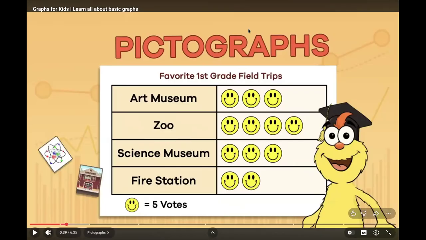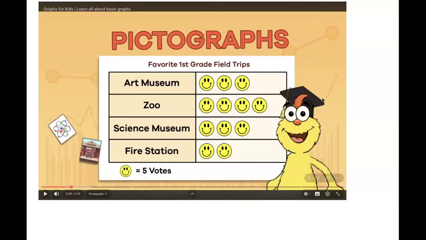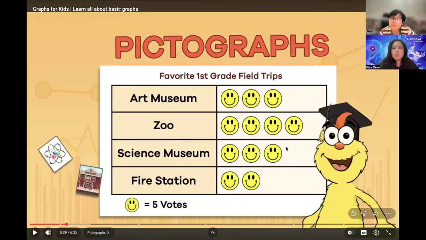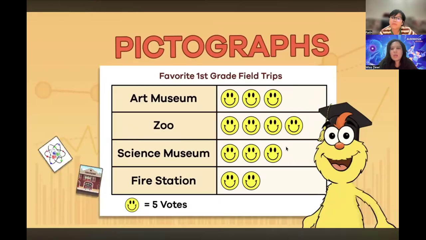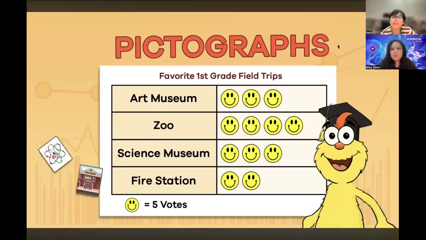It stands for three votes, I mean 3 smiles, which is how many votes inside? How many votes for art museum and science museum? 15.